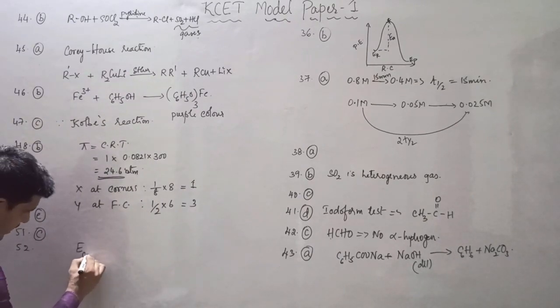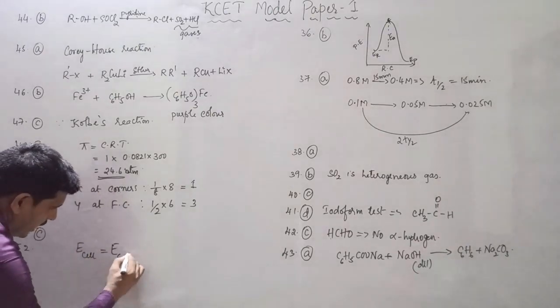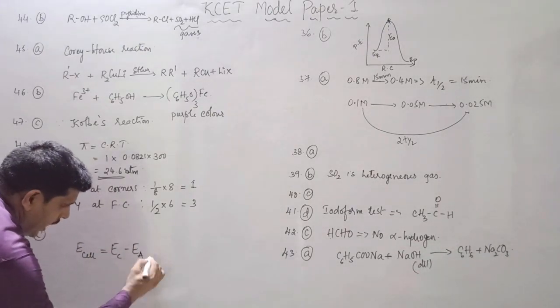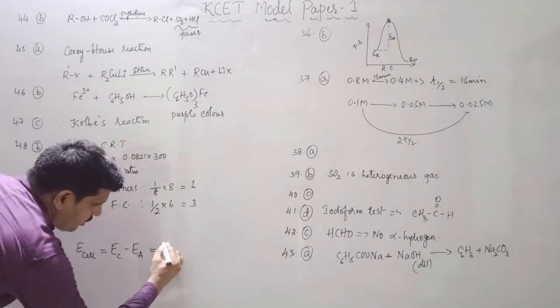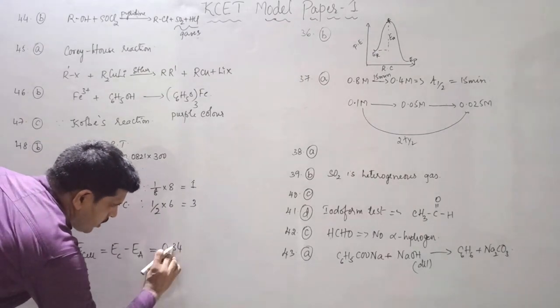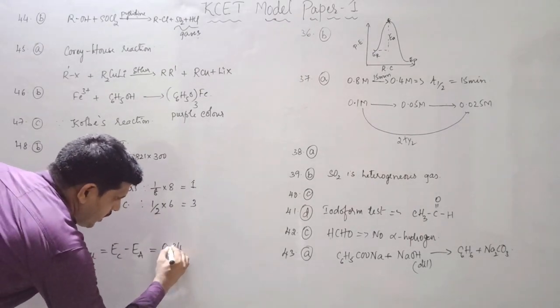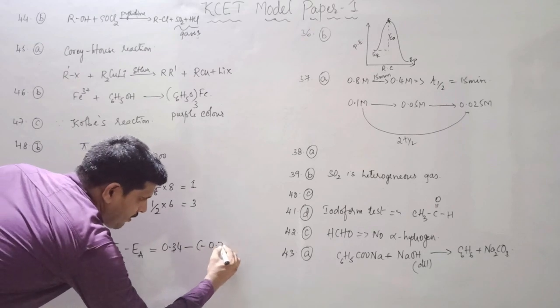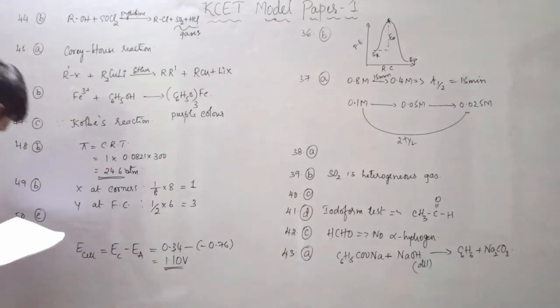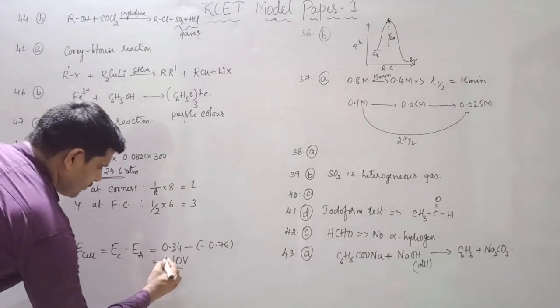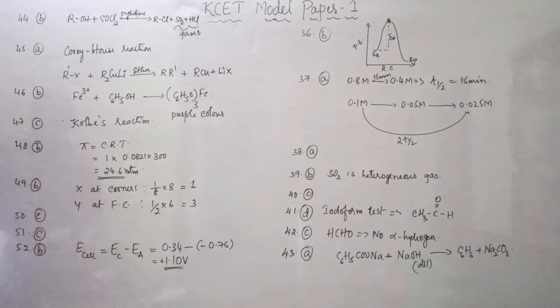EMF of this cell is equal to the electrode potential of the cathode minus that of the anode. If it is standard, then obviously we can write E naught. Given that the cathode is copper, we have 0.34 volt minus (minus 0.76 volt). So overall 1.10 volt, that is positive. So option B is the right choice for this.